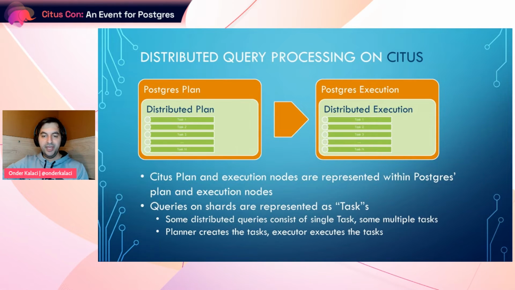The main difference that Citus adds on top of Postgres's planner is a concept called a task. A task is just a SQL command that can be executed on shards, a regular SQL command. The distributed planner could have one or multiple tasks, and then the distributed executor executes these tasks on the shards and returns tuples back to the node which initiated the distributed query.